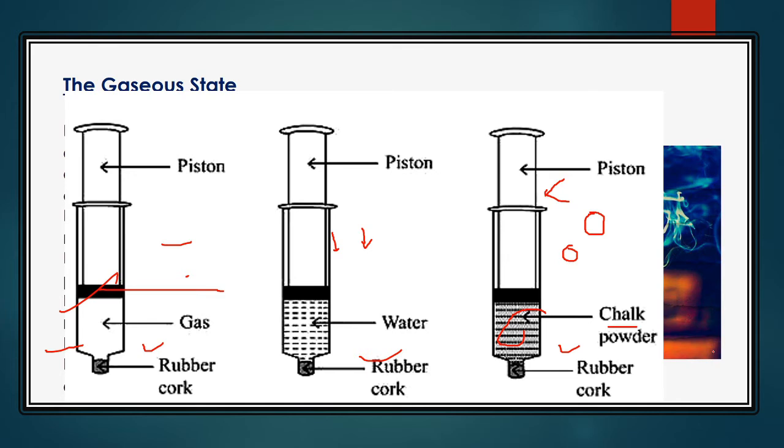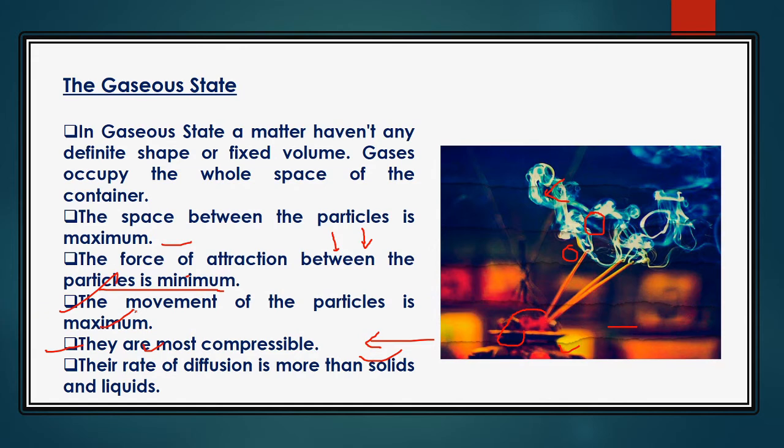If you put water in place of the chalk, you can push the piston slightly. And if you replace the water with a gas, you can push the piston to a maximum level. That's why it is said that gas is the most compressible matter.